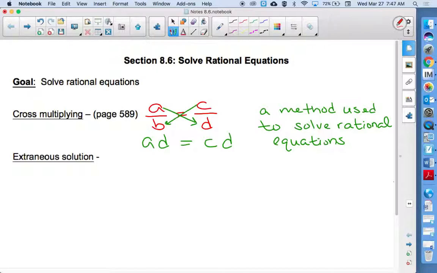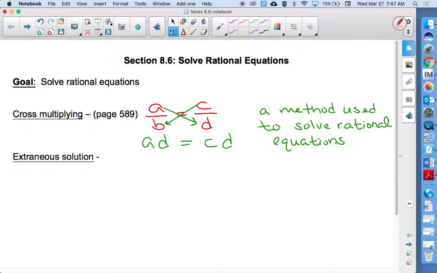Cross-multiplying only works when we have one thing equal to another thing. So it does not work if I have an addition sign on one side, a subtraction sign, one fraction equal to another fraction.